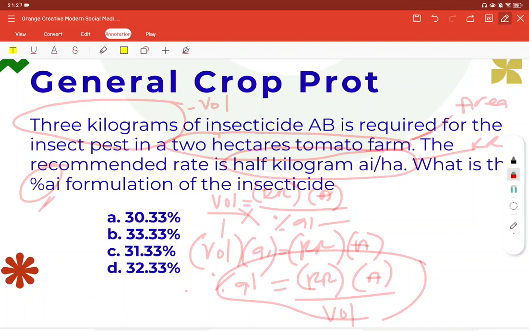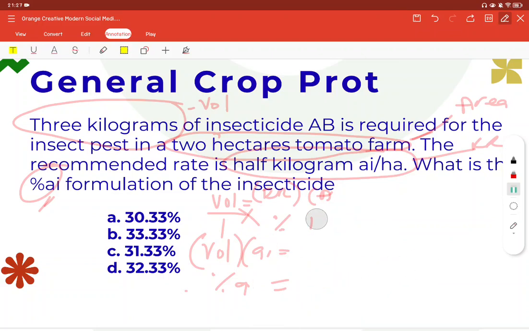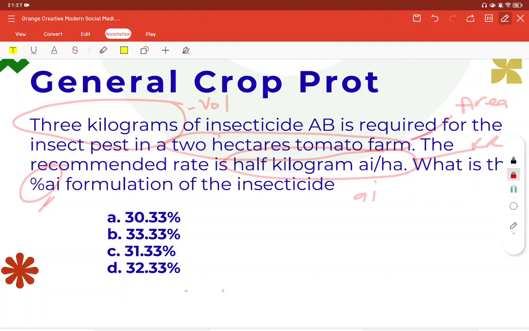So we will use this formula to obtain the value of AI. Let me clear this. So we'll just substitute into the formula.